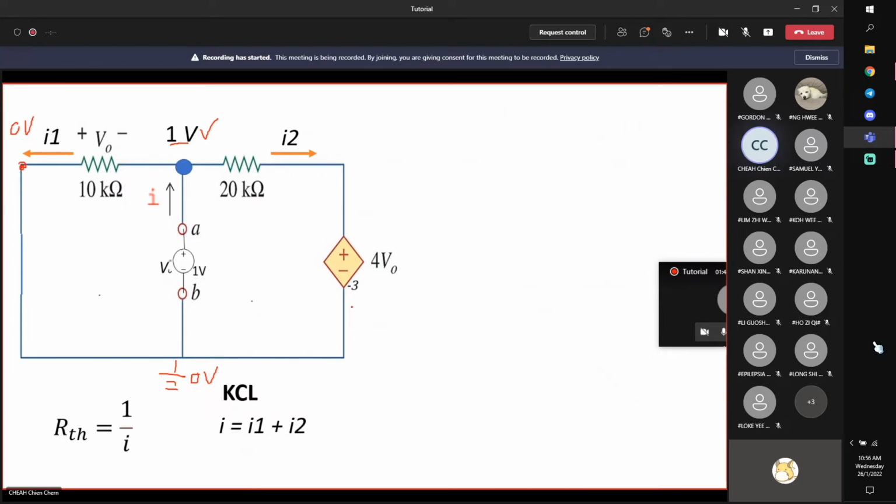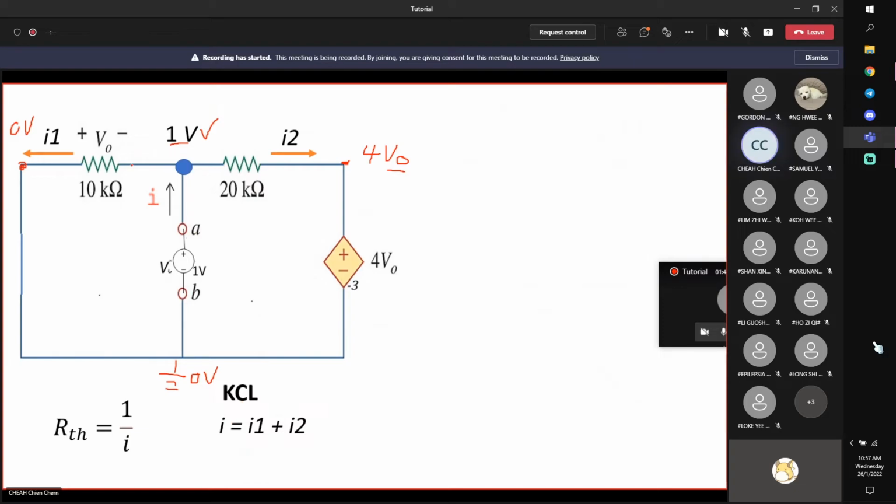If this is 0 volts, this is plus 4V0, so this node voltage is plus 4V0. Therefore, the only unknown is V0, and you can solve this very easily. I'll just use Ohm's law. Indirectly, it's actually nodal analysis: inflow equals outflow.